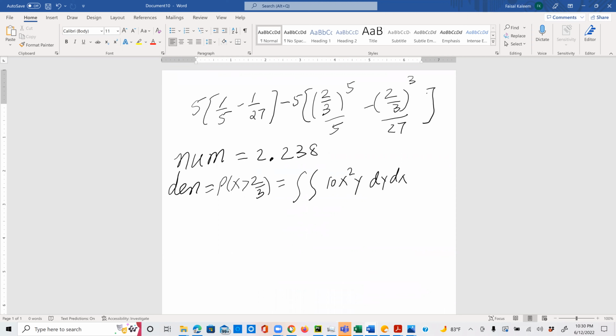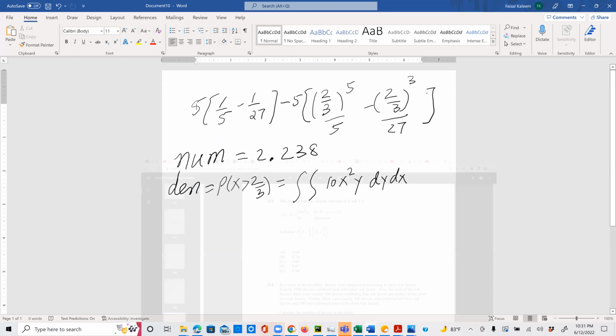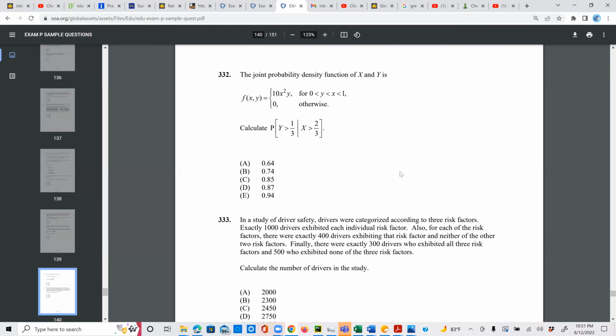In this case, there are no bounds on y. We just have x greater than 2/3. So y will get its full range, which was 0 to x. But x is greater than 2/3, so x starts from 2/3, and the maximum x can be is 1.